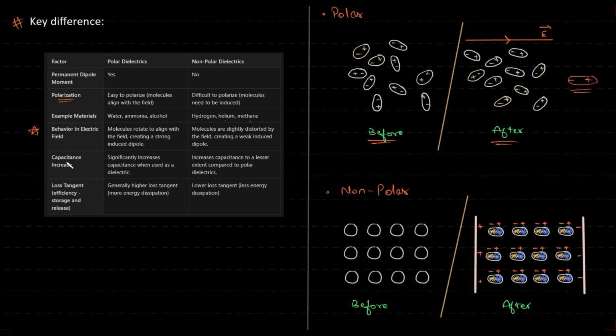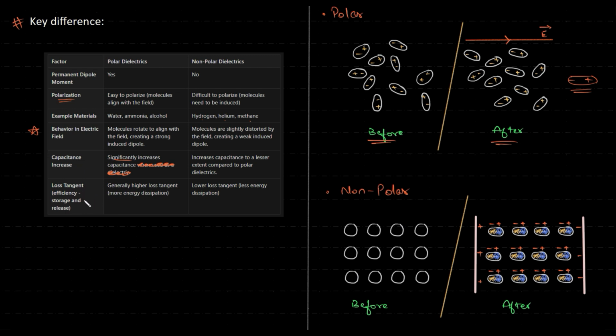When it comes to capacitance, when we place a polar dielectric between two capacitor plates, the capacitance increases significantly. When it comes to non-polar, it increases but not to that extent. Then loss tangent, this is an extra bit of information.